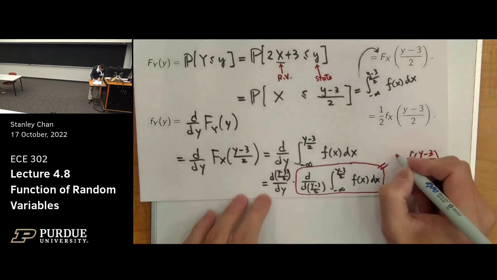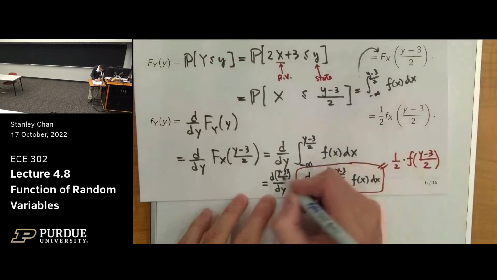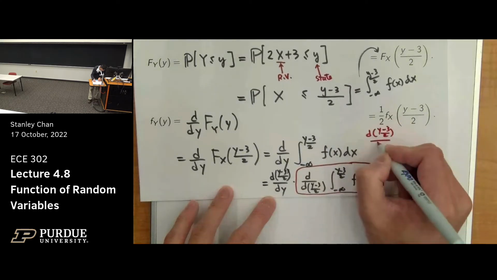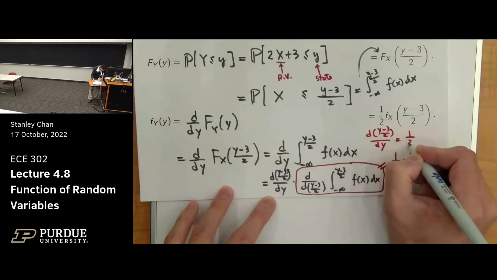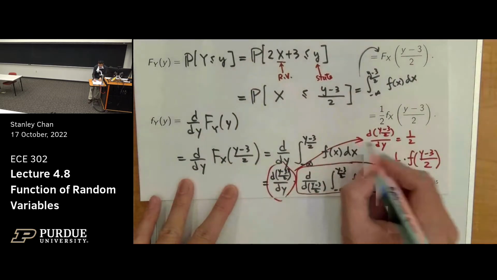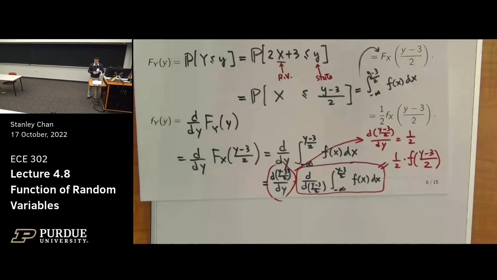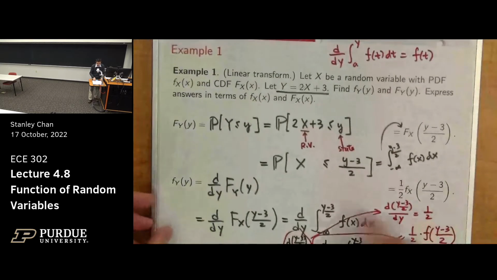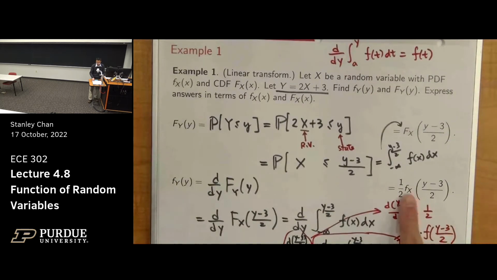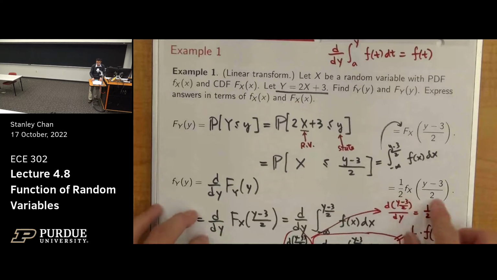And so that is going to be 1/2, because d of (y minus 3) divided by 2 over dy is going to give you 1/2. Okay, so that is this term here. And so to conclude, in this problem, the PDF of this random variable Y will be 1/2 of the PDF of X evaluated at (y minus 3) divided by 2.